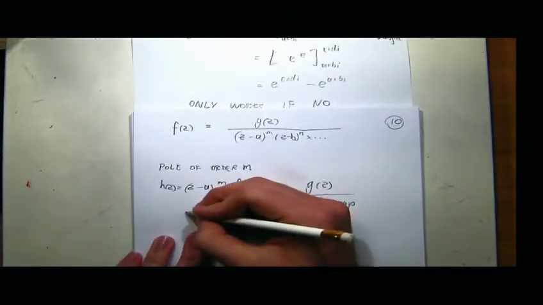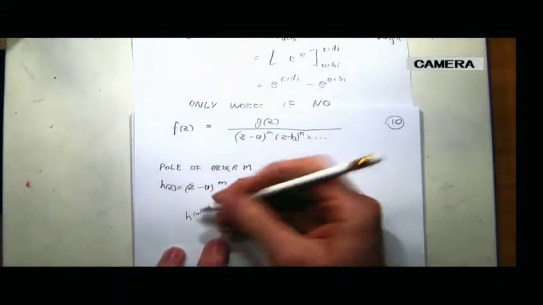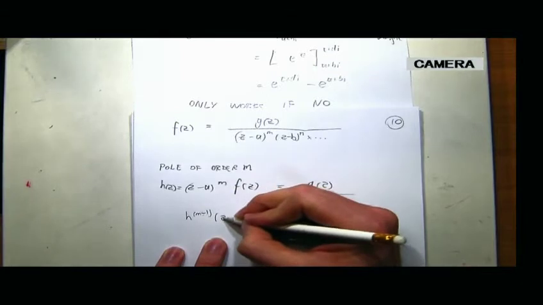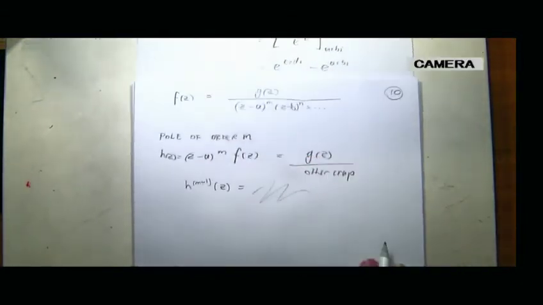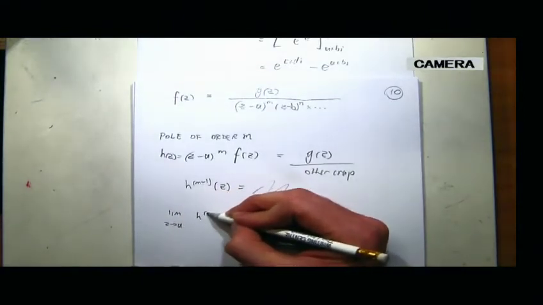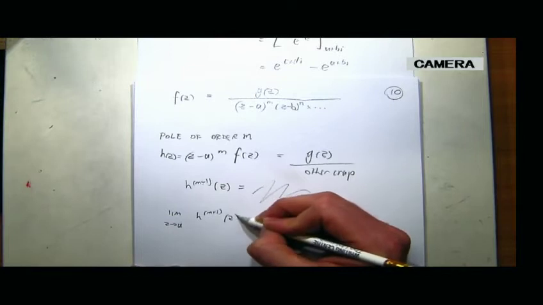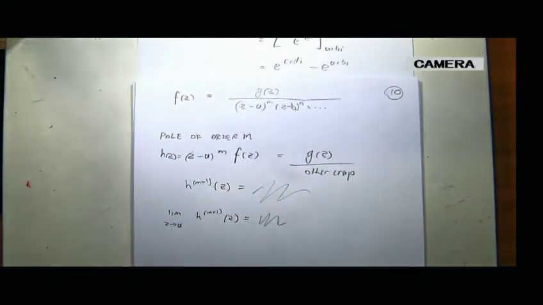And then I'm going to take the m minus 1th derivative of h, which will be something. And then I do the limit as z goes to a of that. And this will now be a complex number.